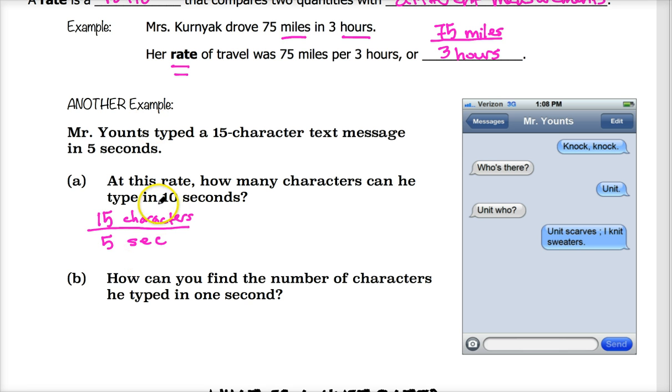If I want to figure out how many characters I can type in 10 seconds, I can multiply my denominator, which is currently 5 seconds, by 2 to make that 10 seconds. Well, to keep that ratio or rate equivalent, I need to also multiply the numerator by 2, and so that means that 15 times 2 becomes 30, and so I can type 30 characters in 10 seconds.